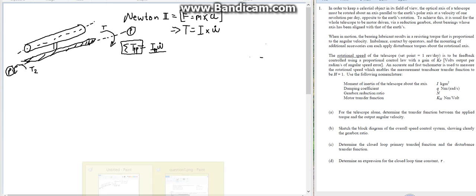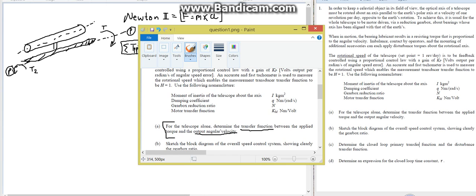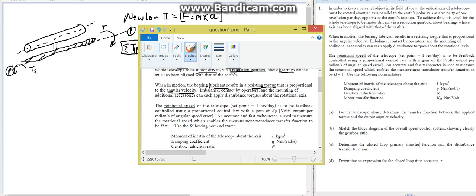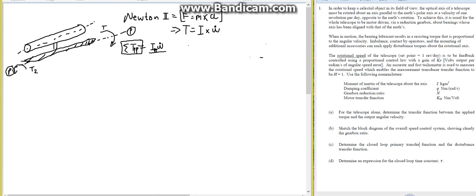Now let's quickly get back to the analysis of the question briefly. So we're asked, the bearings are lubricated, and as a result, there's a resistant torque that is proportional to the angular velocity. So a resistant torque is being applied.